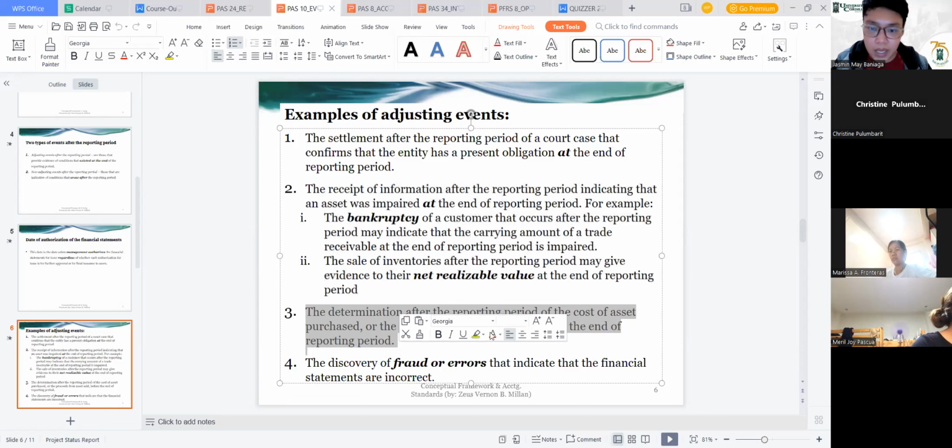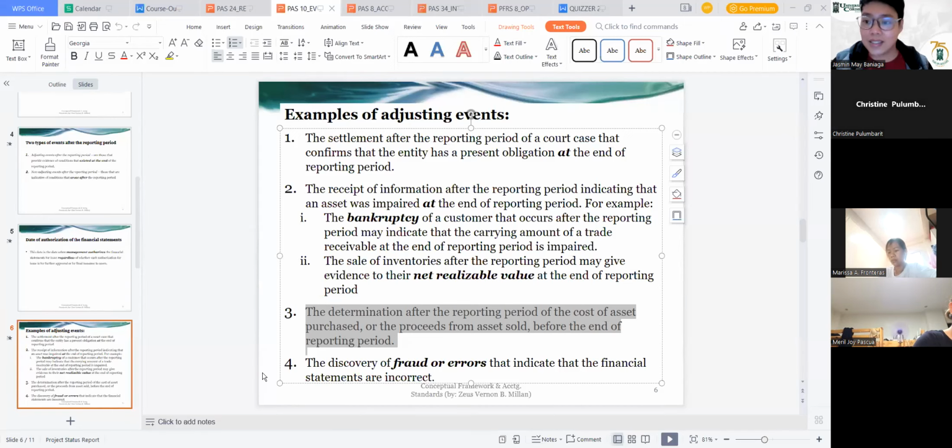Number 3, the determination after the reporting period daw of the cost of asset purchase or the proceeds from assets sold before the end of the reporting period. Ayan, nabenta mo daw yung asset, binili mo daw yung asset within the current year 2022. Yung final amount or price daw niya available lang after December 31, 2022. So, is it an adjusting event?